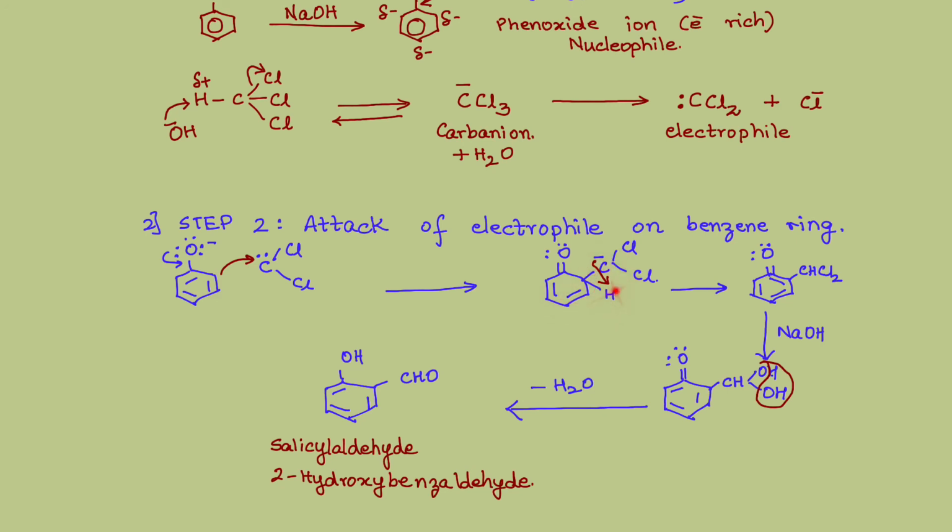Now here comes the rearrangement. That means they arrange between themselves. There is no other external molecule involved. There is rearrangement giving us the intermediate, which on hydrolysis finally gives us salicylaldehyde. That's why pen and paper. Please write it down.